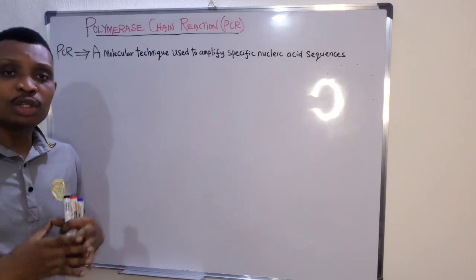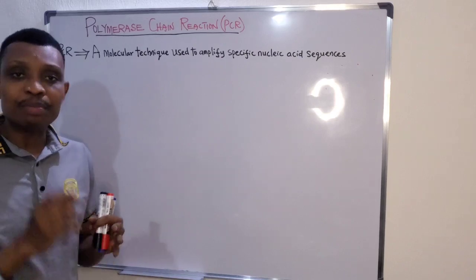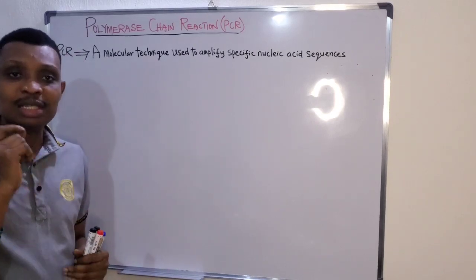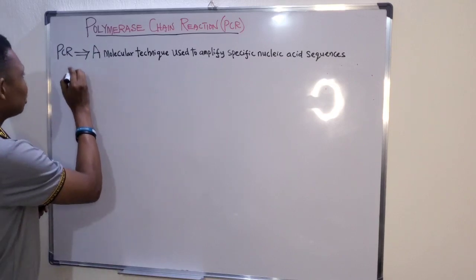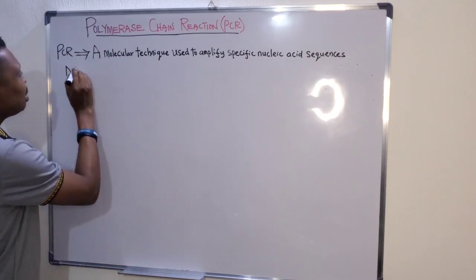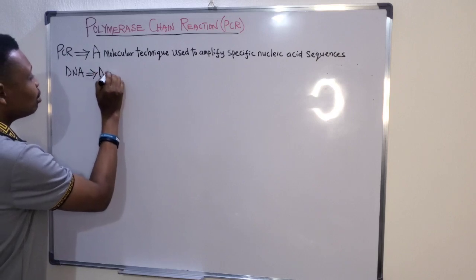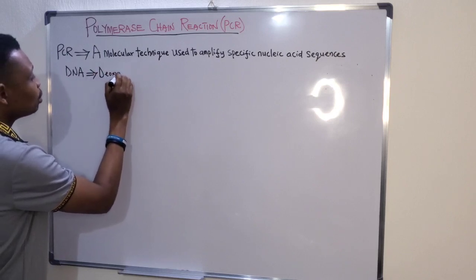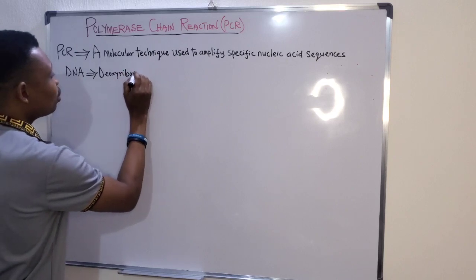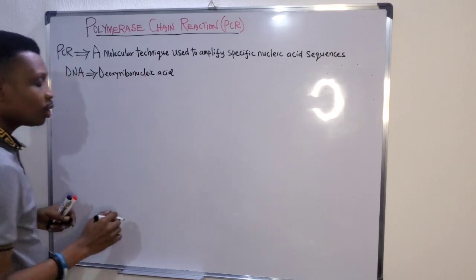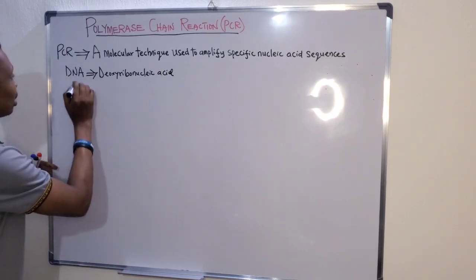But before we go into PCR in detail, let us have a basic understanding of what DNA is all about. So DNA simply means deoxyribonucleic acid. We need to understand that DNA is double-stranded.